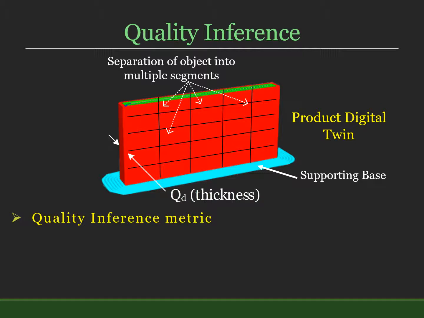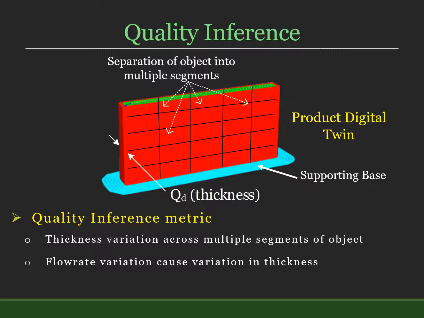Then, all groups of features lying in these segments are assigned a single thickness value. Initially, function QD is estimated using optimal flow rate. Then, it is used to infer the thickness of the 3D object for various feature samples with varying flow rate. The accuracy of the digital twin system quality inference model is measured using mean absolute error value.